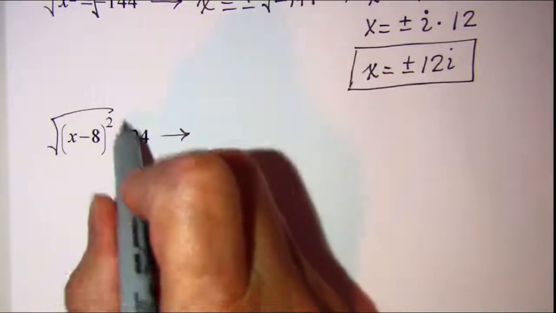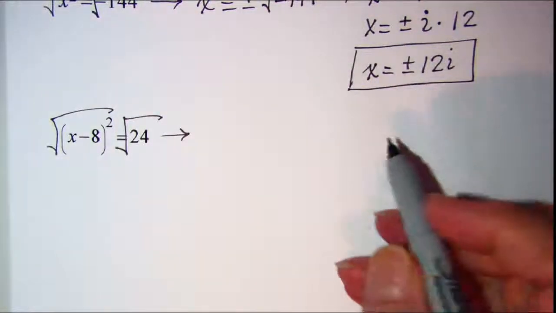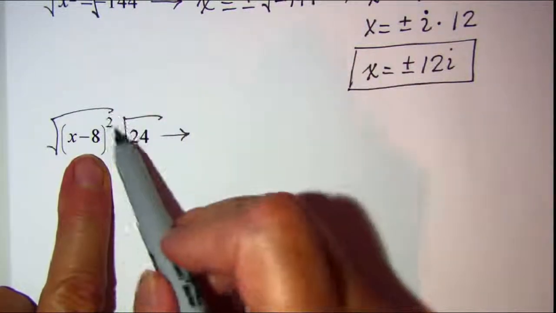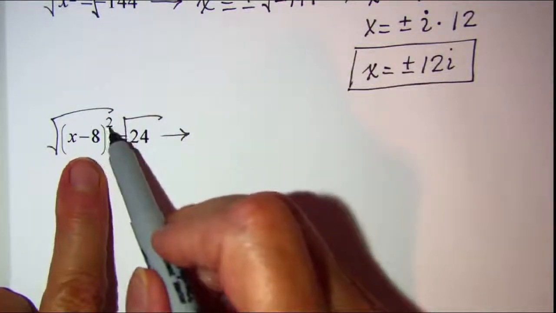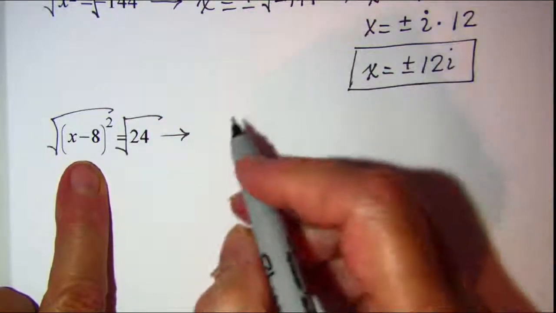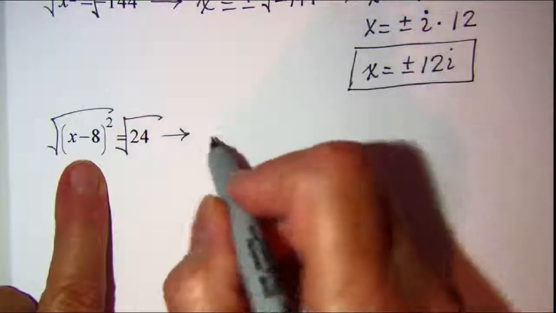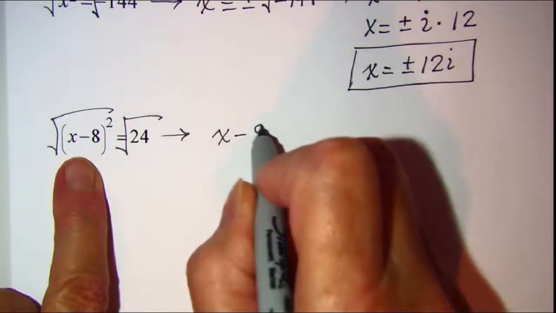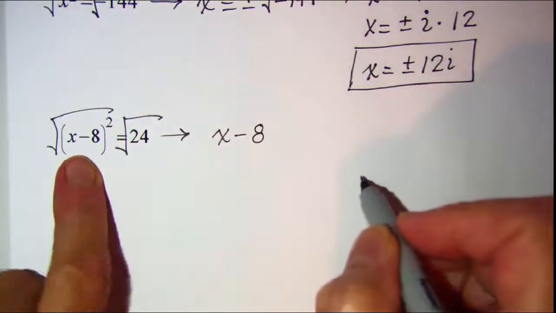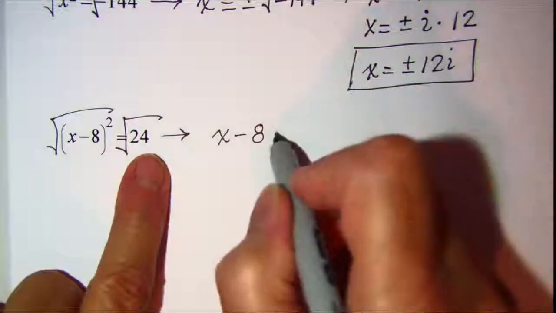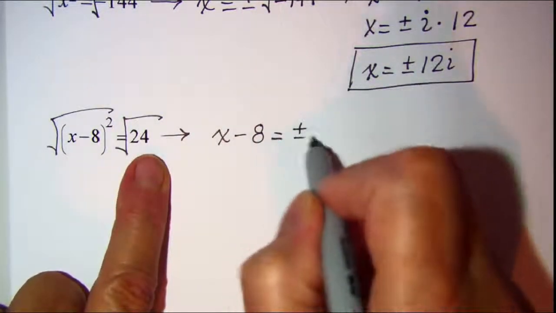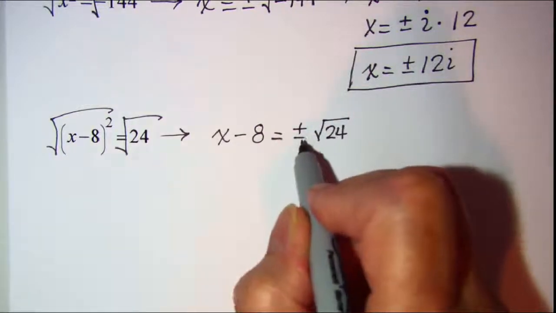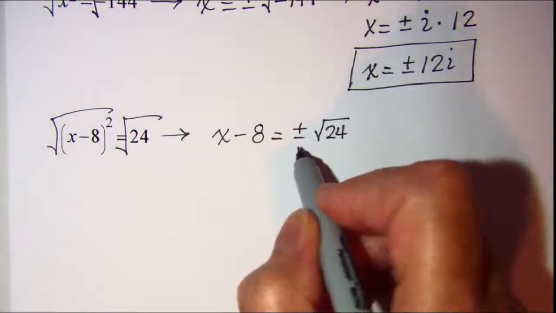The square root property says I can square root both sides. And when I do that, the square root and the squaring, those are inverse operations, so they remove each other. And all I have left is the x minus 8 on the left side. And then on the right side, I have to remember plus or minus square root of 24. So that plus or minus, always remember to put that.